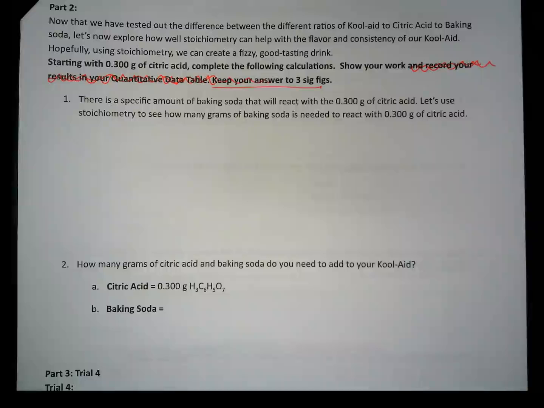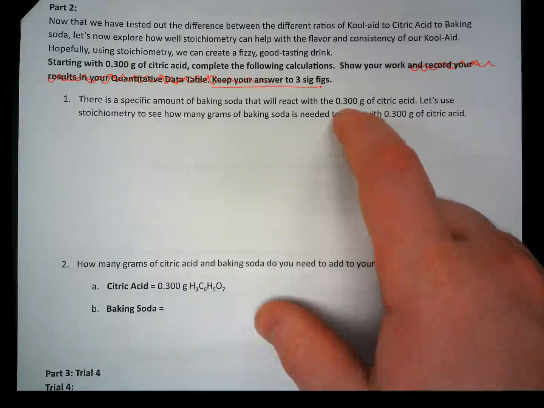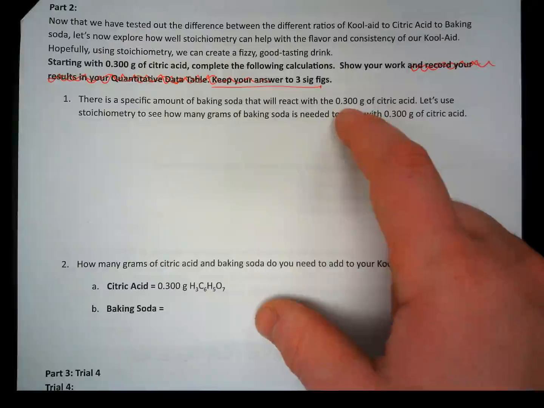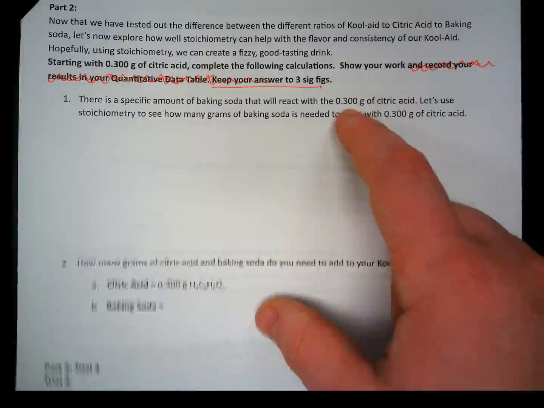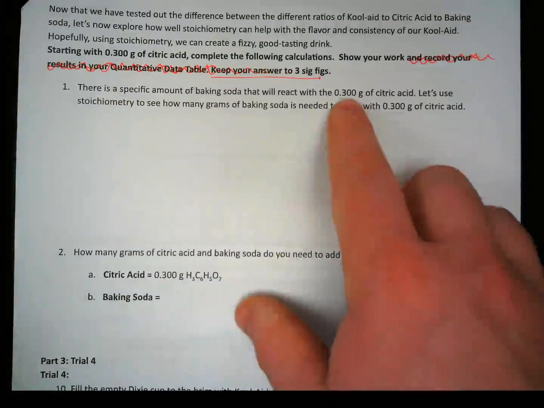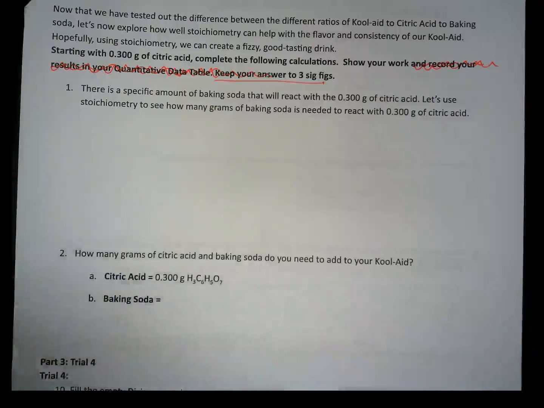We know that only so much citric acid is going to react with so much baking soda, and one of them is going to run out first. But in this case, we want to know, according to the balanced equation, how much baking soda we need in order to use all of this up, and also use up all of the baking soda we're adding to the mixture.